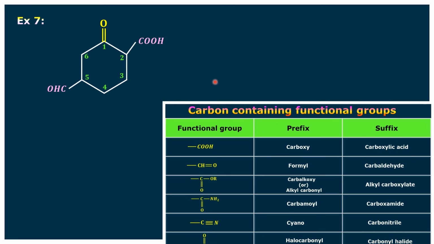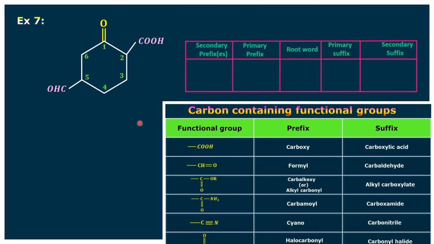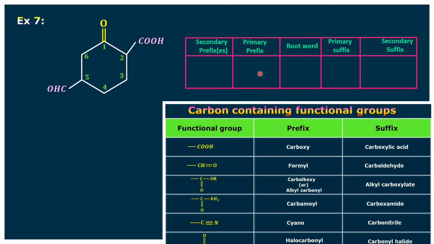So here root word is hex, primary suffix is ane, primary prefix is cyclo. Here COOH and CHO both are used as substituents, so carboxy and formyl. Next, C double bond O is the principal functional group.